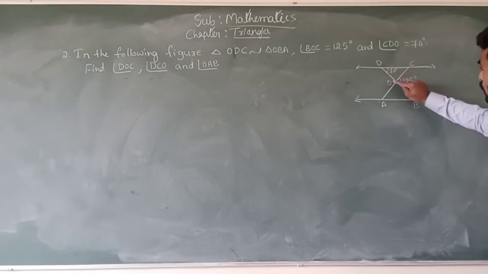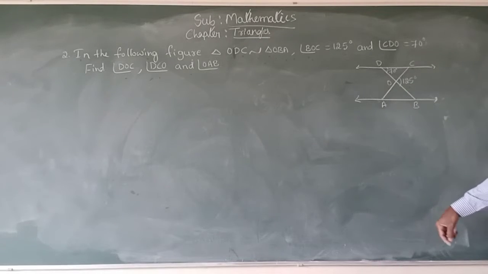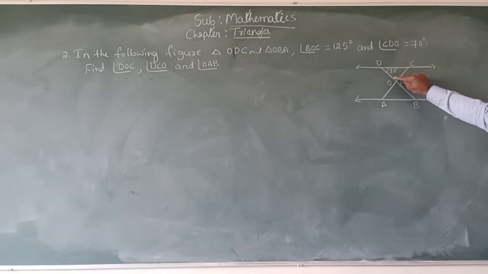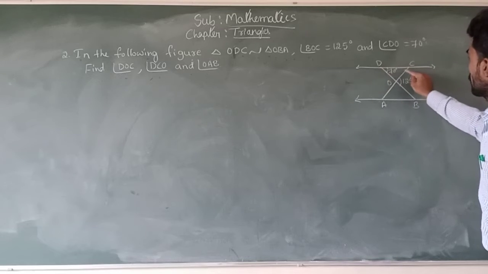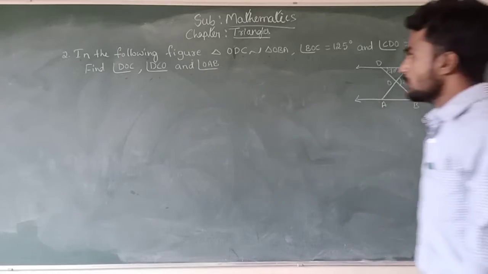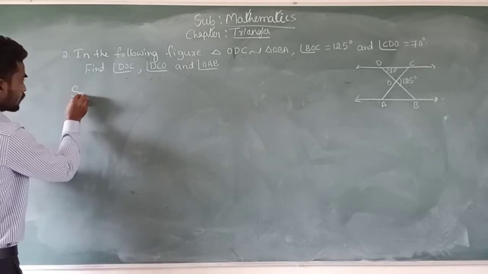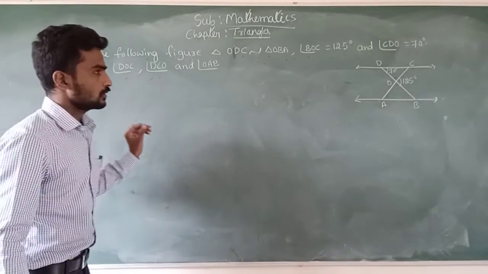In this figure ODC is 70 degree and also BOC is 125 degree. Now we can find out the angles DOC, this angle, and also DCO, this angle, and also this angle in the figure. Now they are given the solution of this question.